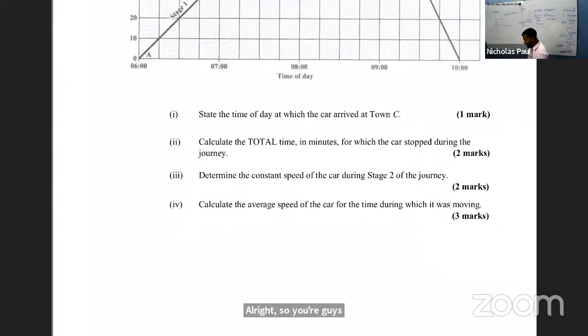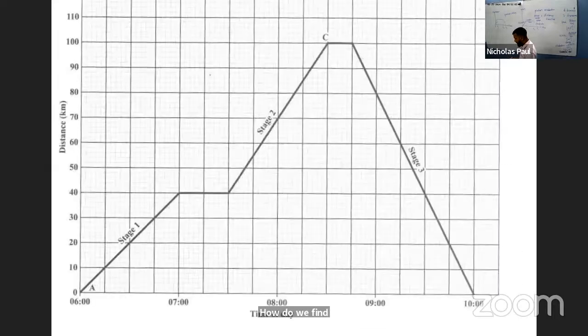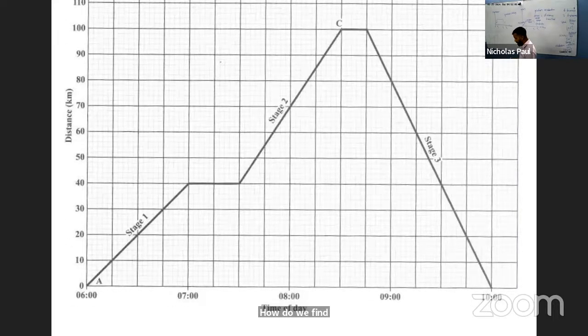Calculate the average speed of the car during the time it was moving. How do we find average speed? Total distance over total time. So see if we can find the average speed of the car here, while moving.